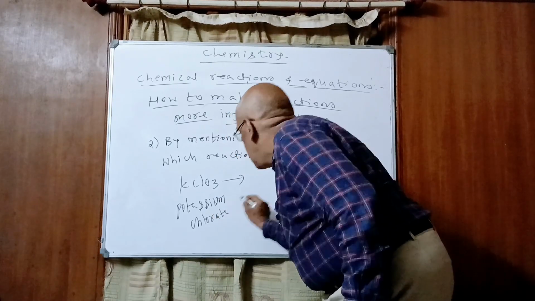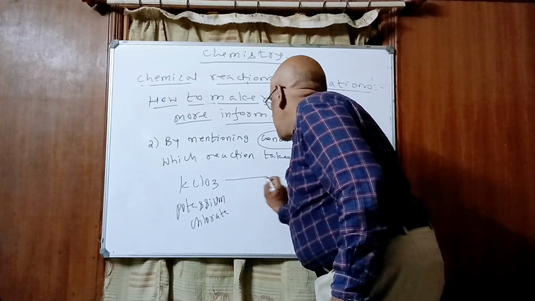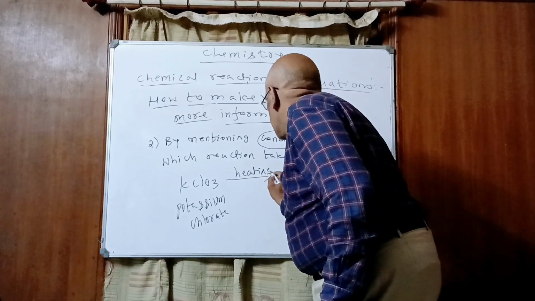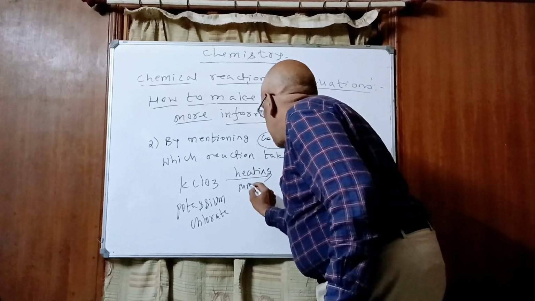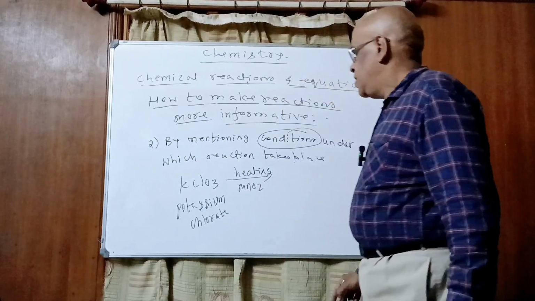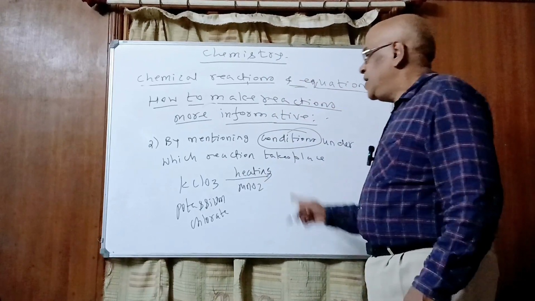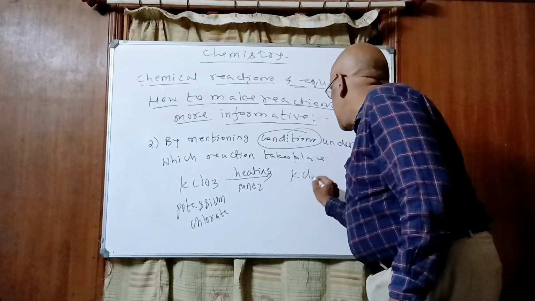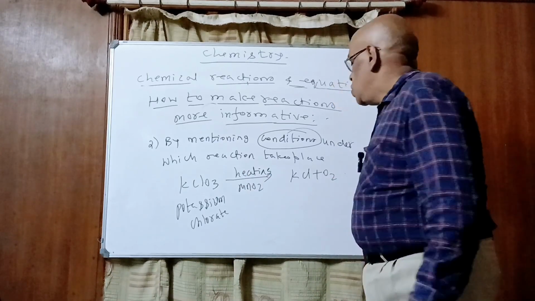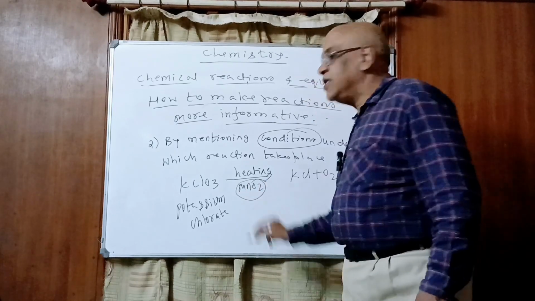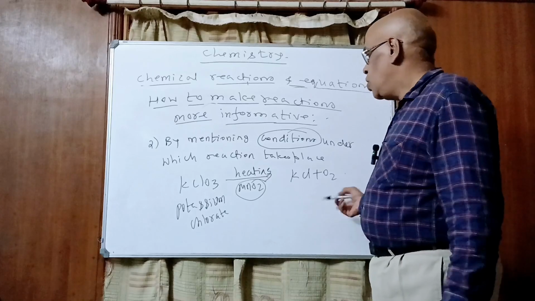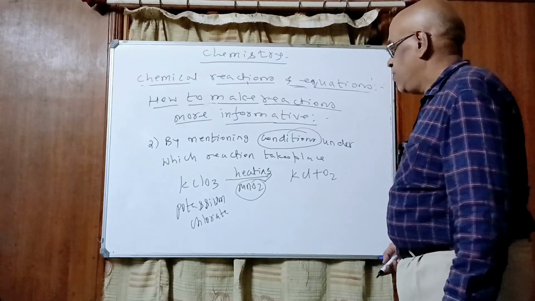Potassium chlorate on heating, in the presence of manganese dioxide. See, it is absorbing heat. Endothermic reaction. What do we get? KCl plus O2. What is the condition? Manganese dioxide acts as a catalyst. KCl plus O2. Balance the reaction.